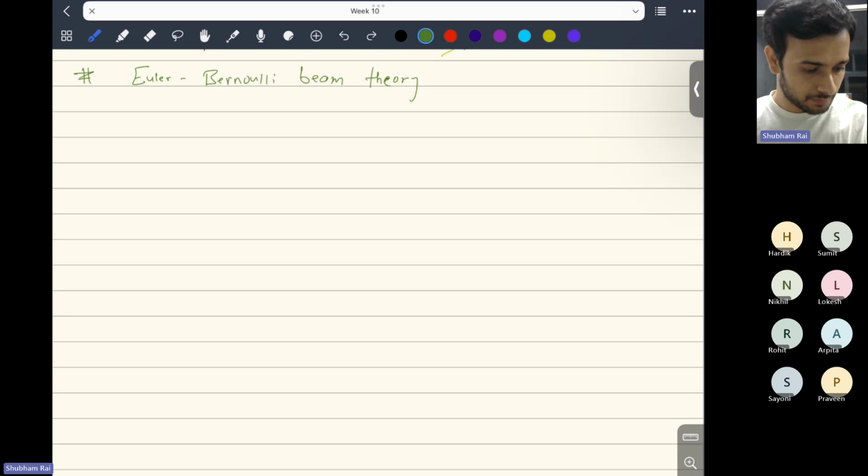Just charging my pen a bit. Do you remember what the bending formula was for this Euler-Bernoulli beam theory? I will just write this. Wait a minute, the pen is getting charged.